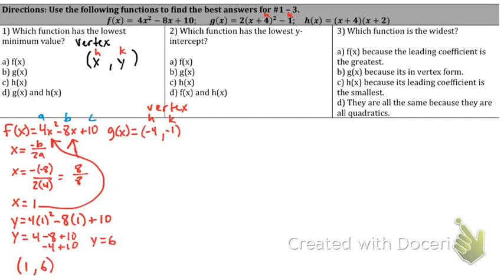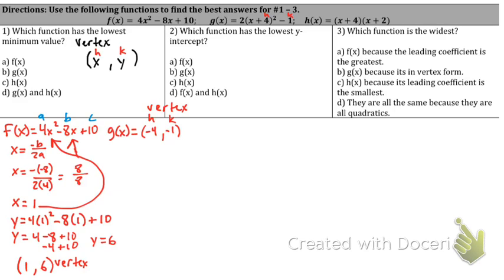So my vertex here for function f is 1, 6. So my minimum value is positive 6. Think of a graph. Positive 6 is a lot higher than negative 1. So far, g of x has the lowest minimum value.